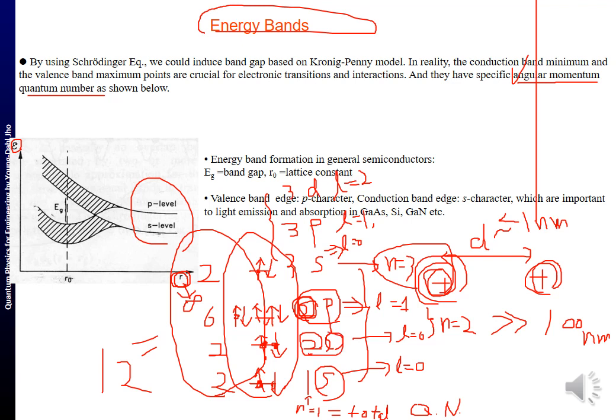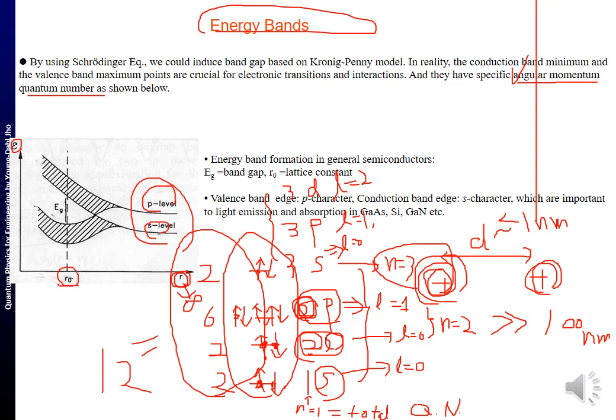We see 2s, 2p, 1s, something like that. So when they are isolated, we could fill the energy states with electrons, and let's say there is S state and P state.